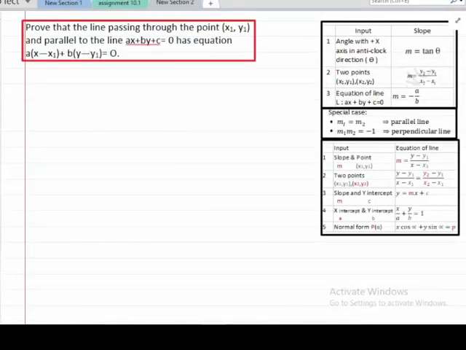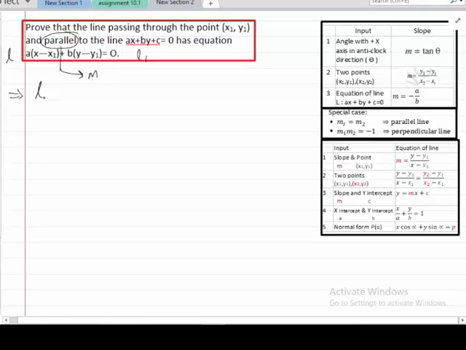In our next question, we have to prove that the line passing through point (x1, y1) and parallel to line L1, ax plus by plus c equal to 0, has the equation a(x minus x1) plus b(y minus y1) equal to 0. Here, this word parallel is helpful for finding the slope, right?